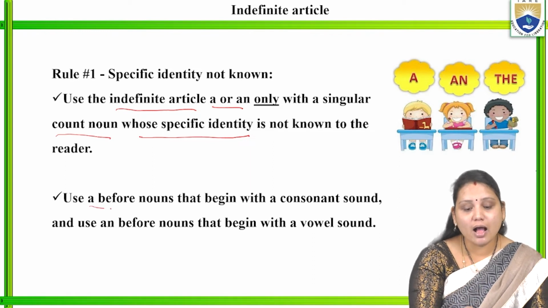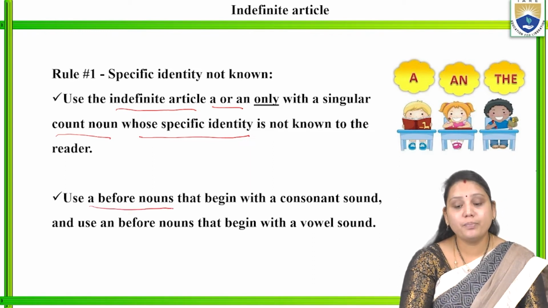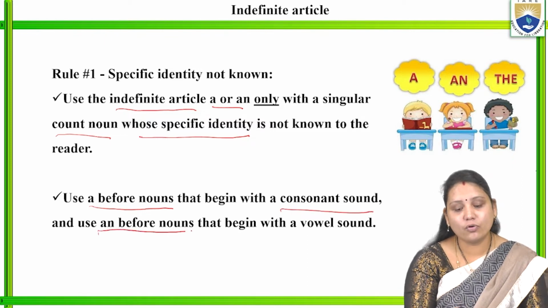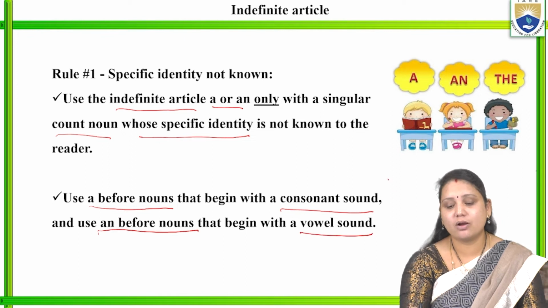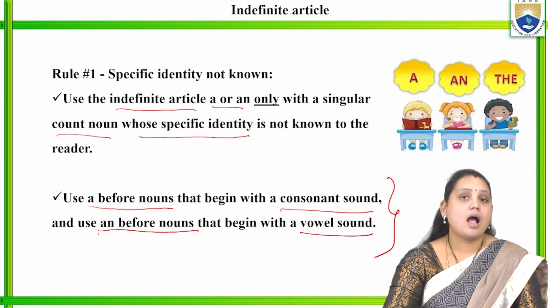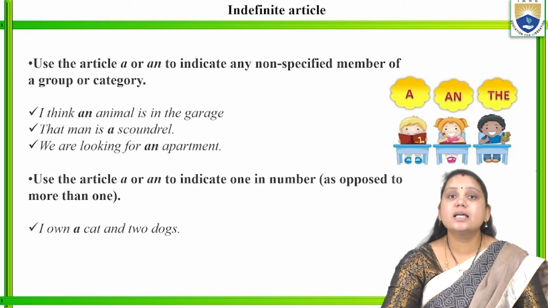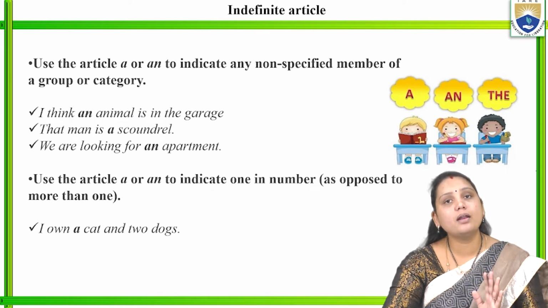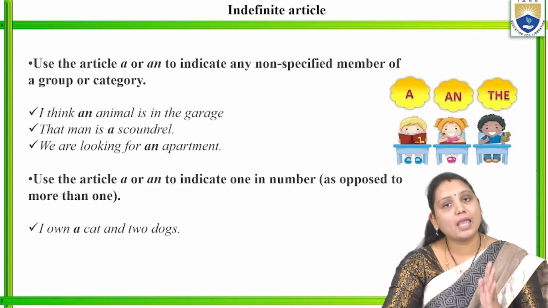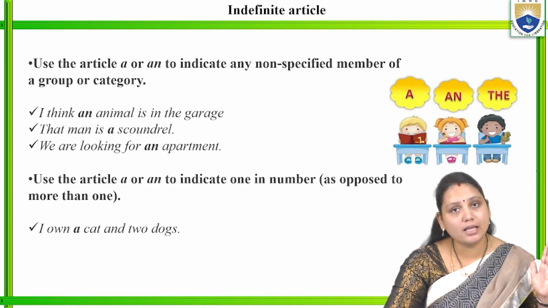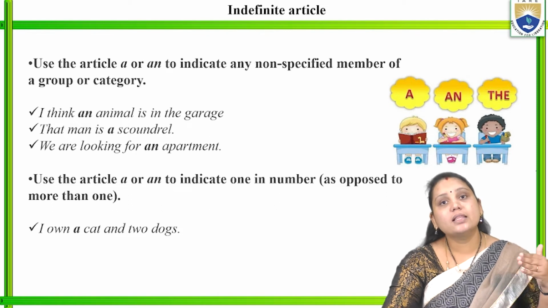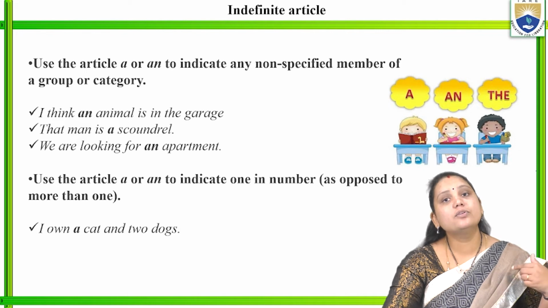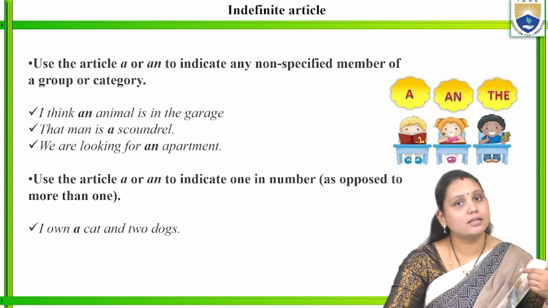Next, use a before nouns that begin with a consonant sound and use an before nouns that begin with a vowel sound. However much detail we discuss, the first rule to remember is that a and an are used before singular forms. Next, an is used before vowel sounds, a is used before consonant sounds.